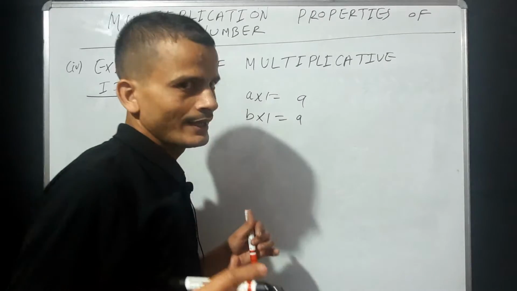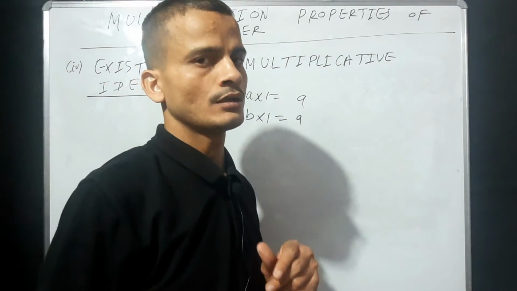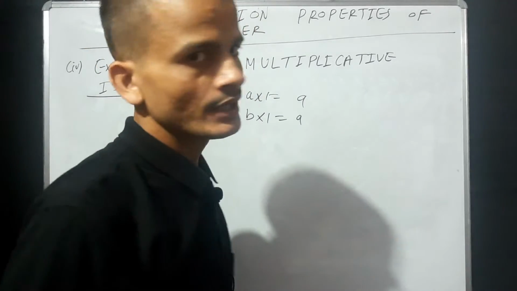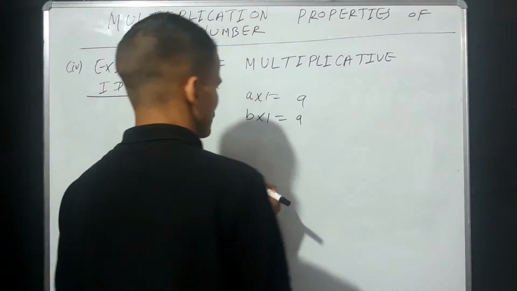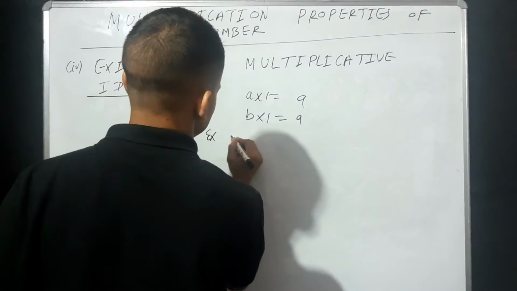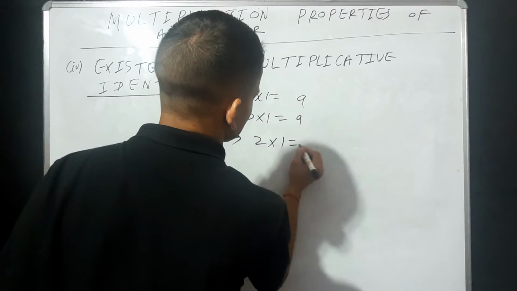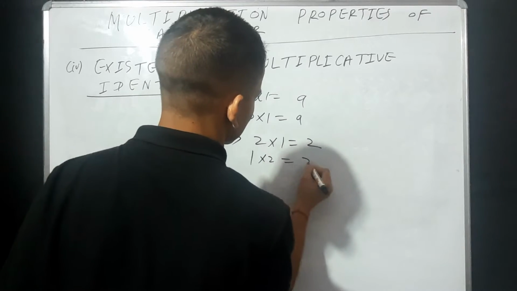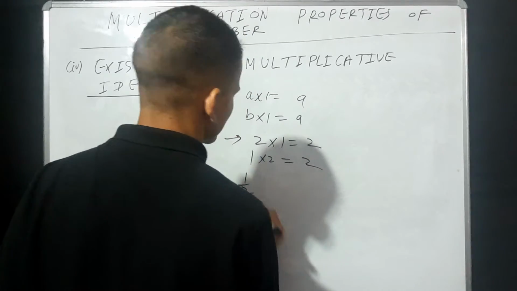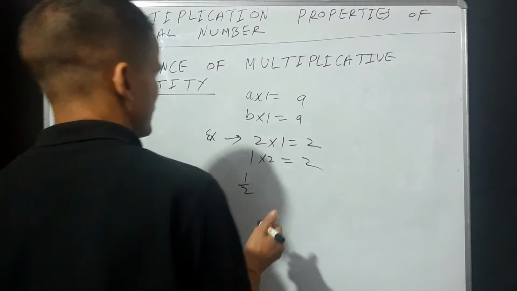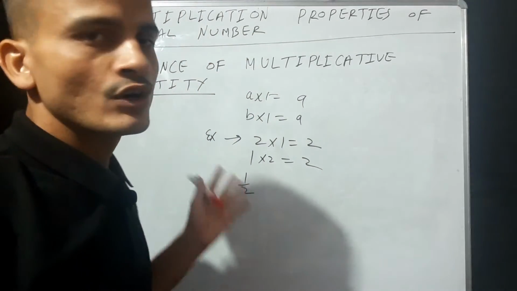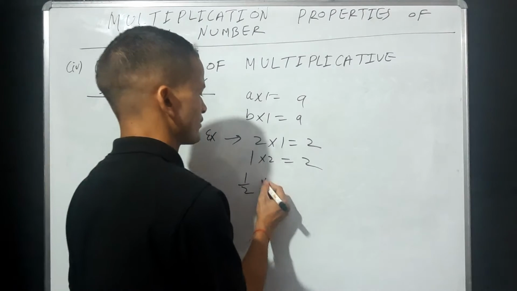So 1 is known as the multiplicative identity of a real number. Let us see some examples. When we multiply 2 into 1, we get 2, and when we multiply 1 into 2, we also get 2. 1 by 2 is also a real number, and its multiplicative identity is 1.